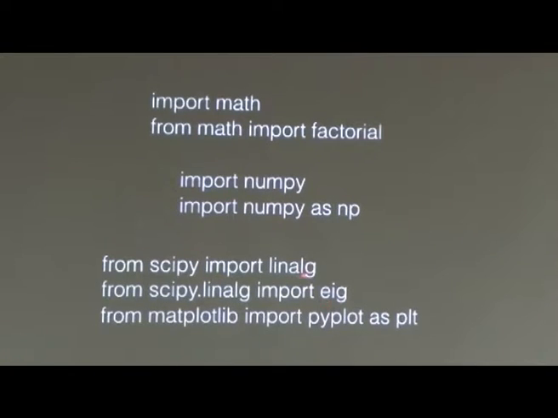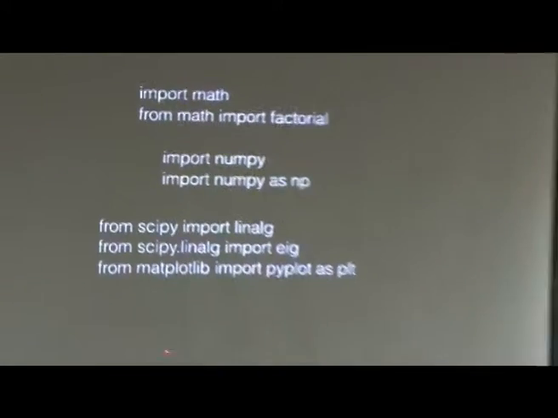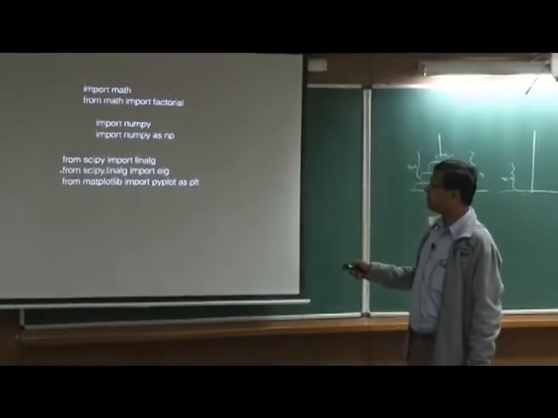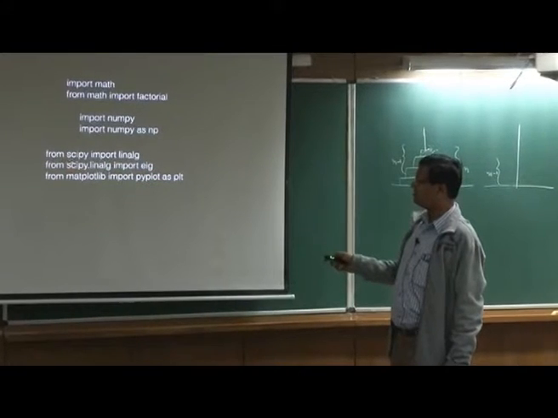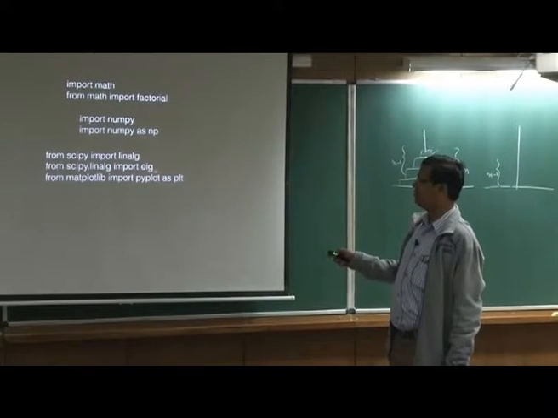From SciPy import linear algebra, so I could import all of linear algebra, dot product. I don't remember right now, but you can do a lot with that. Linear algebra also has inversion of a matrix, a lot of stuff. I could also say I only want eig, so from SciPy dot linear algebra import eig. I could do this.